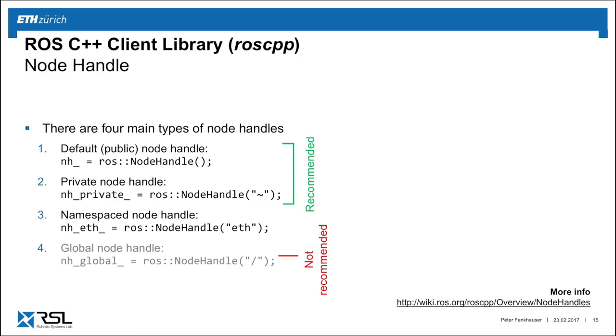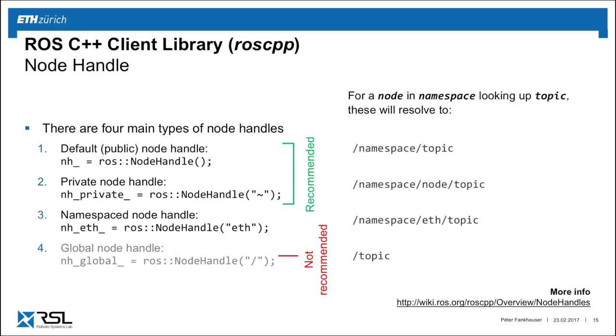So if we had a node called node in a namespace called namespace, looking up a topic called topic, then these would resolve to the following. The first one, since it's the public one, and since the node lives in the namespace, we just look at namespace/topic.